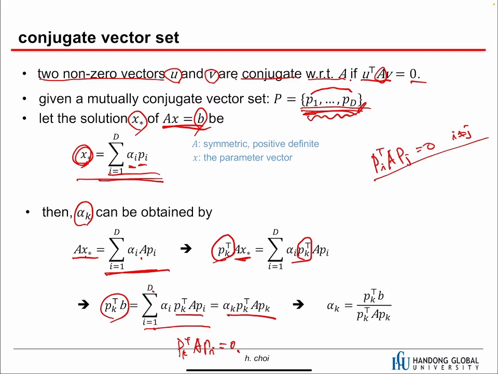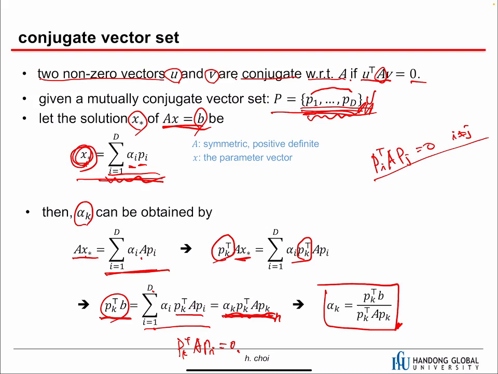When i is k, this one is not 0. From this, we got this weight, so alpha sub k can be calculated in this way. In summary, when we have a conjugate vector set, the solution can be represented in this way.